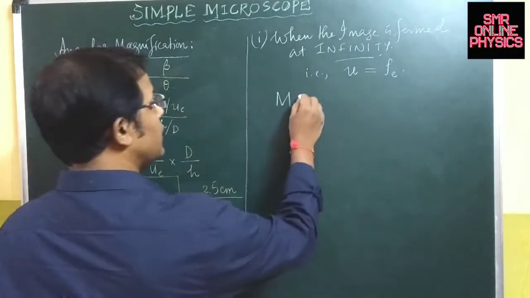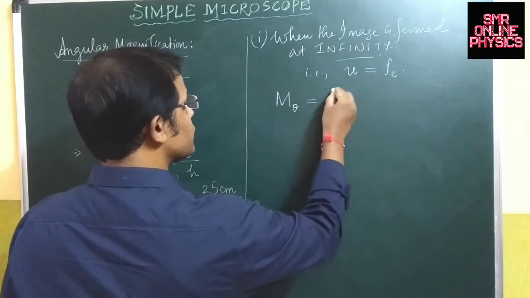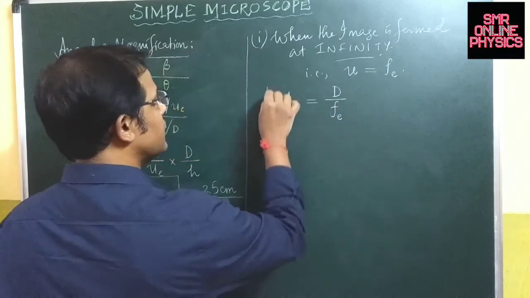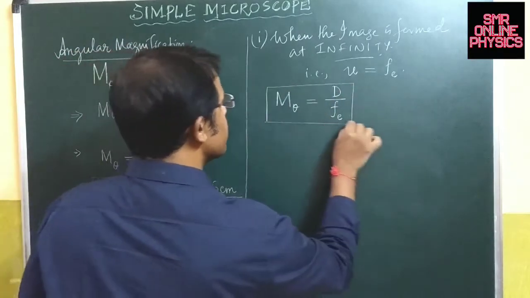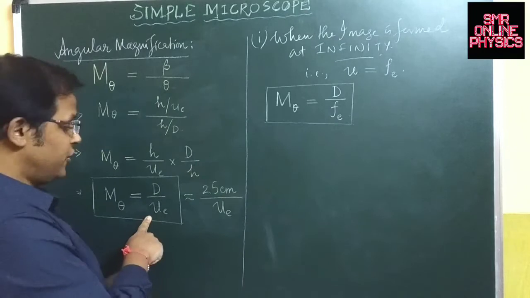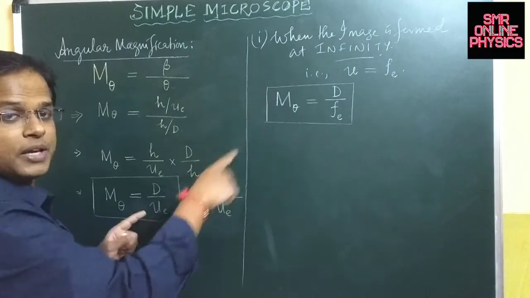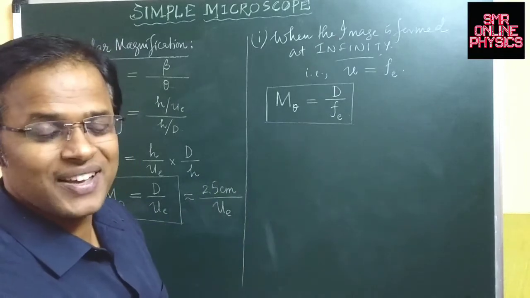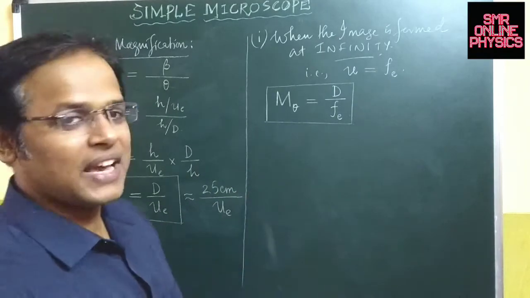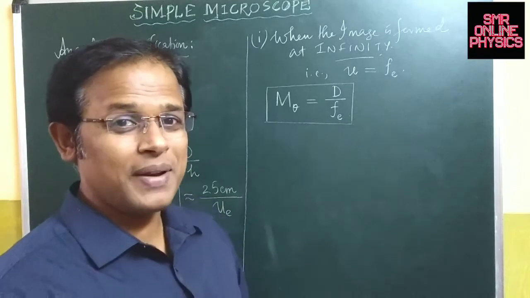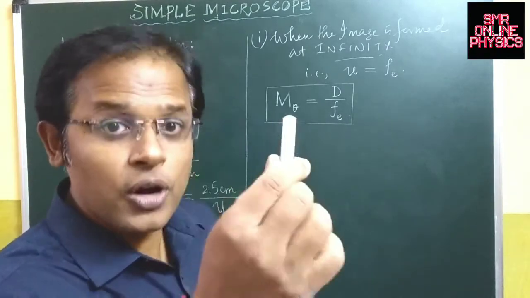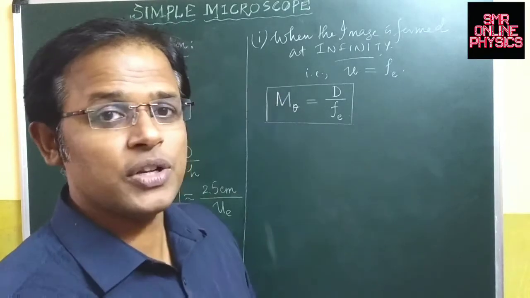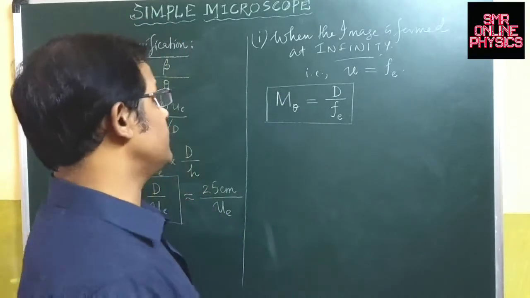So you will get the relation m theta is equal to d by Fe. That's it. Very simple. Hence m theta is equal to d by Fe. So this is the magnification achieved when the object is placed exactly at the focal length or the focus of the convex lens, when the image actually forms very, very far, that is infinity.